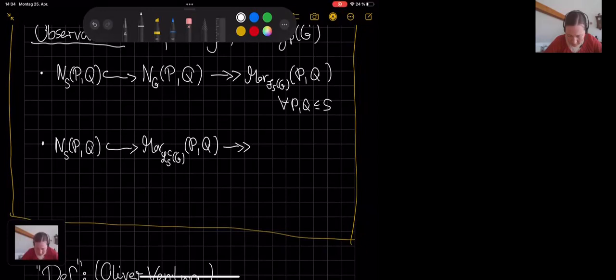And also we now just need to factor out a little bit more. So we have factored out already some P prime elements in the centralizer. Now we also factor out the rest in the centralizer of P, and then we get again the morphisms in Fs of G from P to Q.